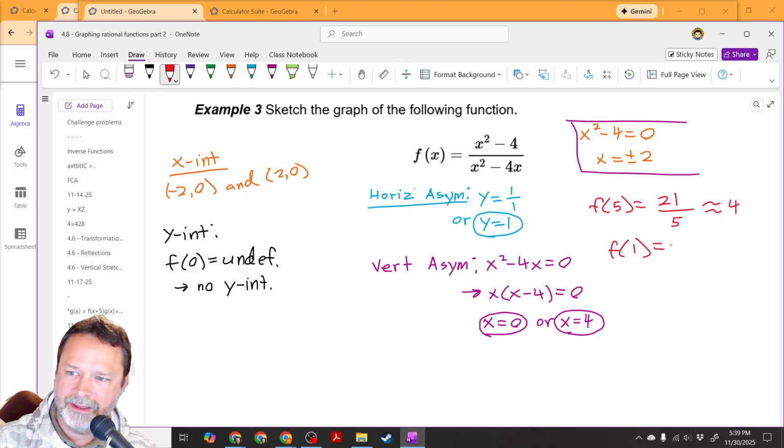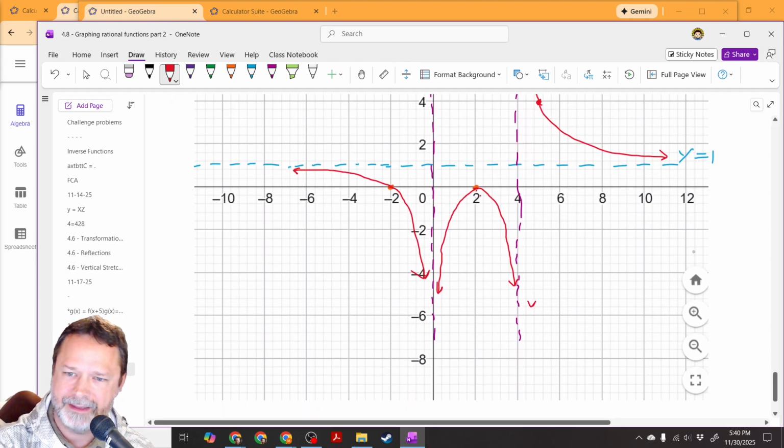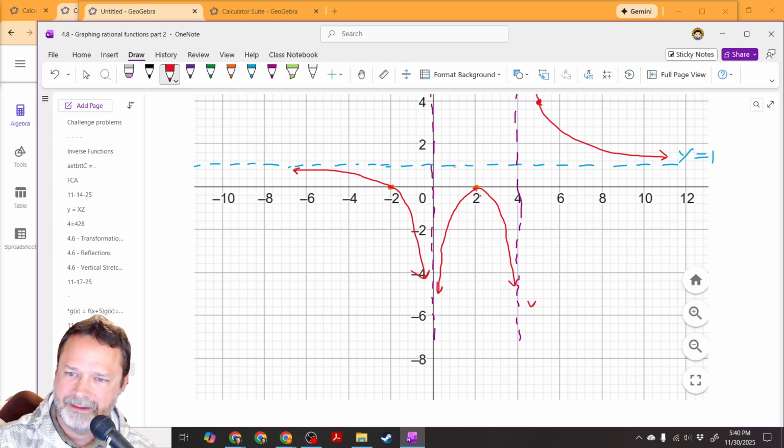That's going to be -3 over 1 minus 4, which is -3. Okay, f of 1 is +1. Oh, yeah, horizontal asymptote. We can cross our horizontal asymptote. Okay, so there's f of 1.